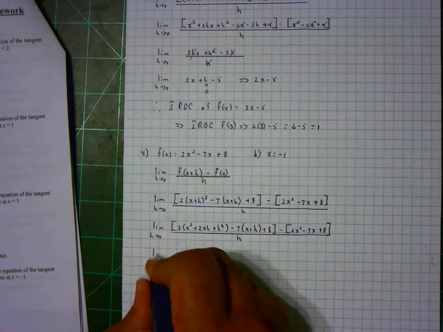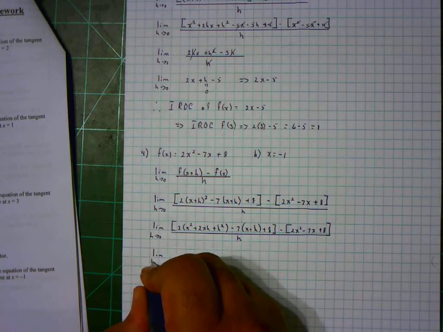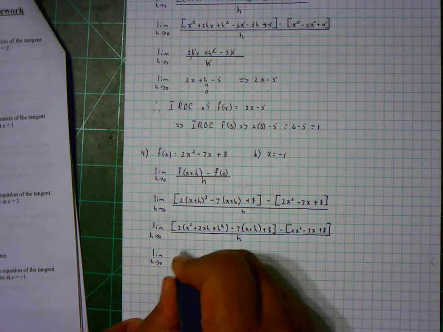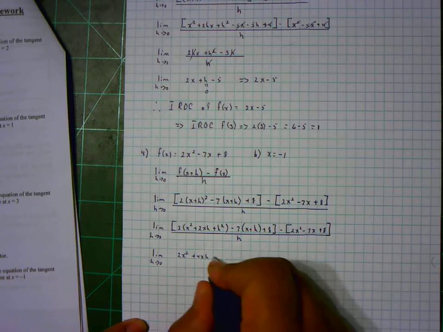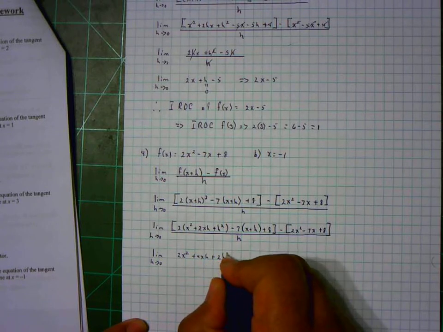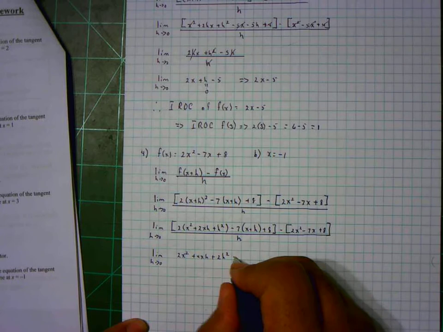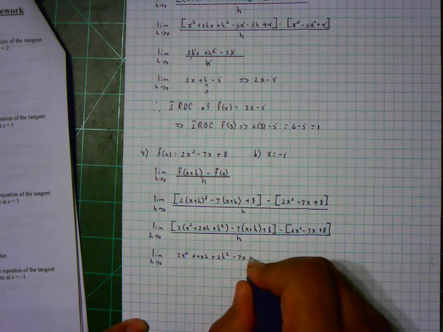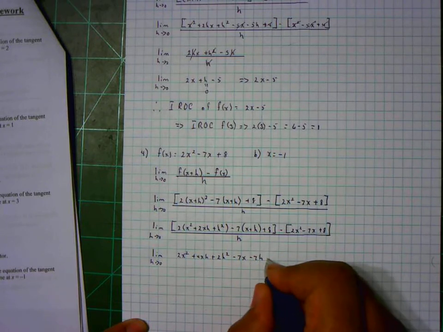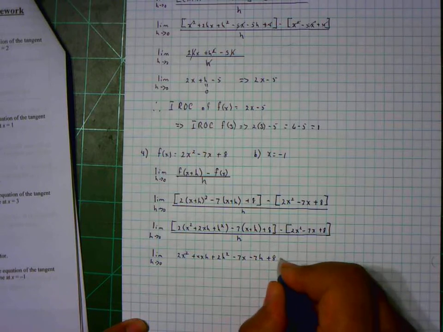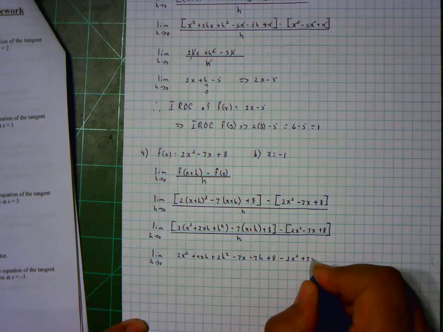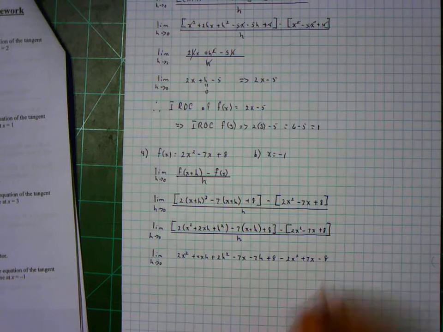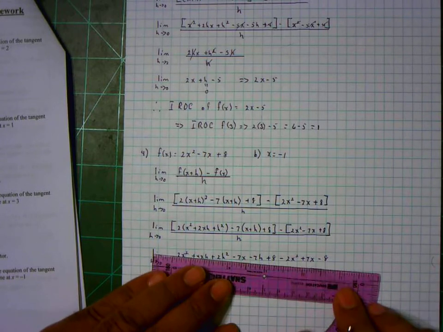Now if I distribute both of those terms across, I get 2x squared plus 4xh plus 2h squared minus 7x minus 7h plus 8 minus 2x squared plus 7x minus 8 all over h.